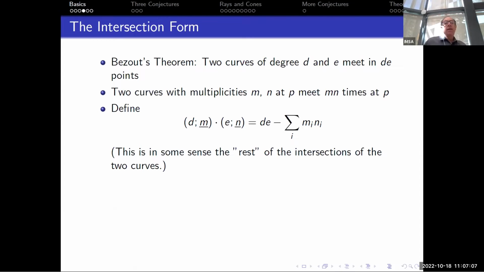So this difference between the number of times they meet totally and the number of times they are forced to meet by the multiplicity conditions is an interesting number. Basically, it's the rest of the intersections, right? The unknown ones, which are not forced by the multiplicity conditions. This is exactly the intersection form also on the blow-up of the plane at the points.